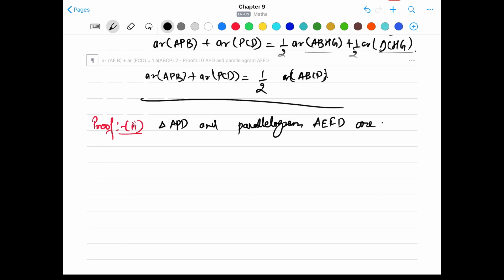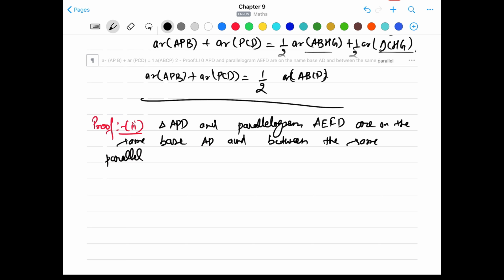Triangle APD and parallelogram AEFD are on the same base. The same base here is AD, and between the same parallel lines, here they are AD and EF.